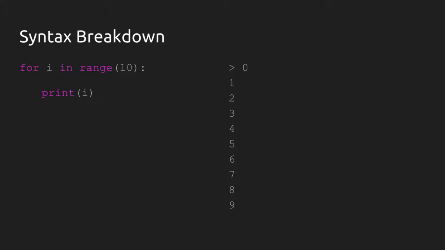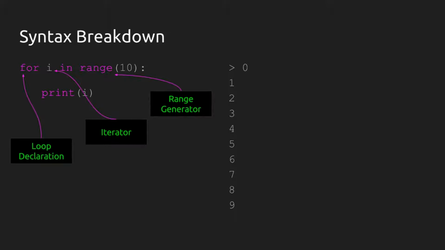So what's that print(i) all about? Well, let's break down the anatomy of this a little bit more. We have three important parts. We have the loop declaration, which is for, and that's kind of our keyword for a for loop, and we also use the word in as part of the loop declaration because we're going to say what is the thing we're going to be iterating over.